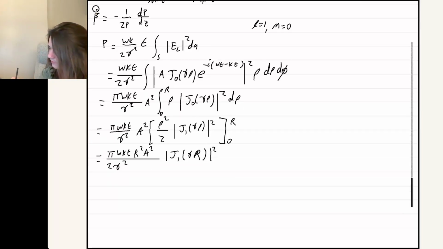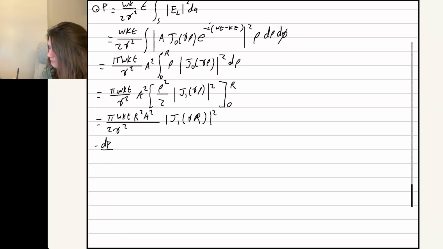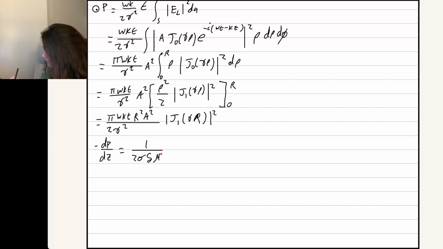Okay, now the power loss on the walls with respect to z will be 1 over 2 times the conductivity times the skin depth times the permeability of the walls squared, and then times the closed loop integral of n hat, the vector normal to the surface of the wall, so it's going to be rho hat in this case, crossed with the magnetic field on the wall, and you square it, and then you're doing a line integral.